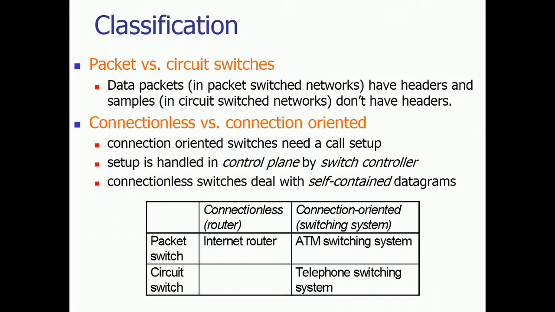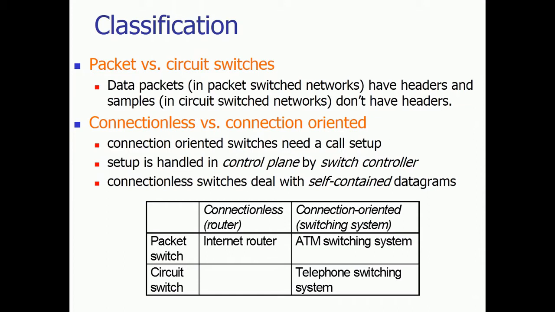So the classification is packet versus circuit switches. In packet switched networks we use data packets, and data packets use headers, while in circuit switched networks we use samples. They do not have headers. Now, connectionless versus connection oriented. In packet switching, all the data packets are independent. They follow different routes.